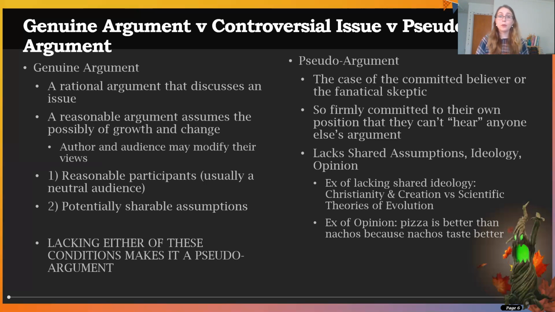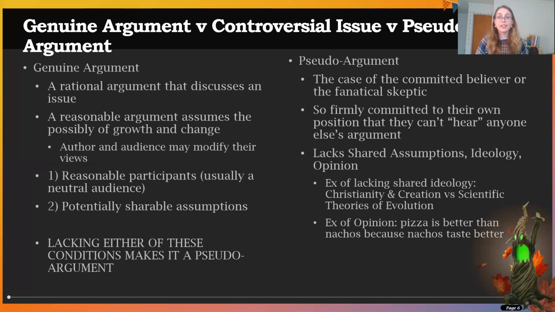One, it has reasonable participants, usually a neutral audience, so we think of that audience scale. And two, it has potentially shareable assumptions. So the audience has potentially shareable assumptions. They're open to that common ground. Lacking either of these conditions, however, makes the argument a pseudo argument, a false argument, or not true.